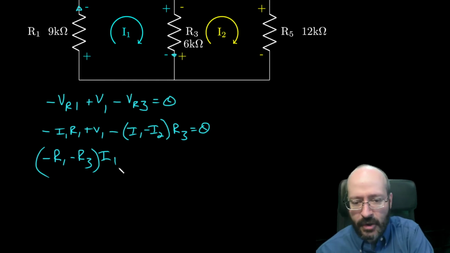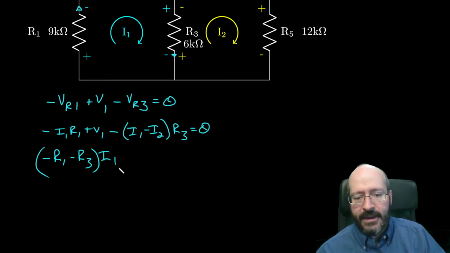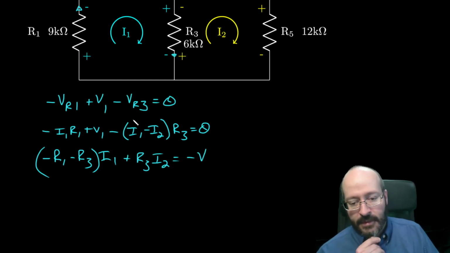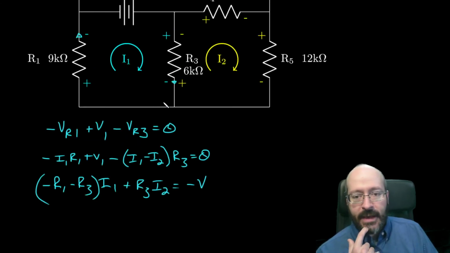Okay, so I have negative R1 and negative R3 in front of I1, and then in front of I2, let's see, that minus cancels that minus. I get plus R3 I2. All right, the only thing left is this V1. We're going to pull that over to the other side. It's going to become negative V1. All right, so that one's in good shape.